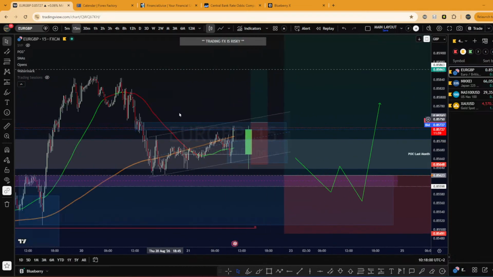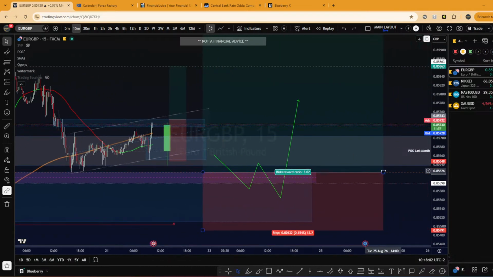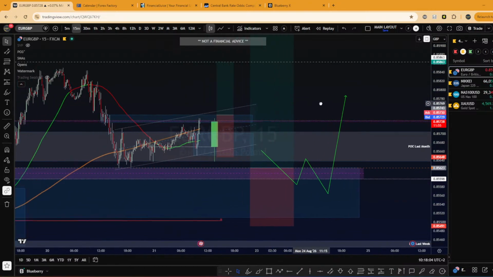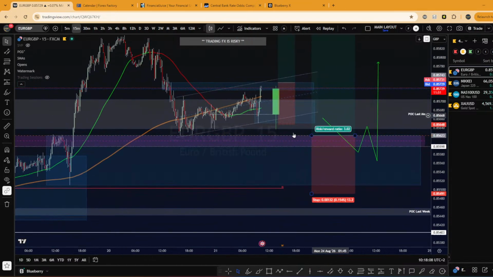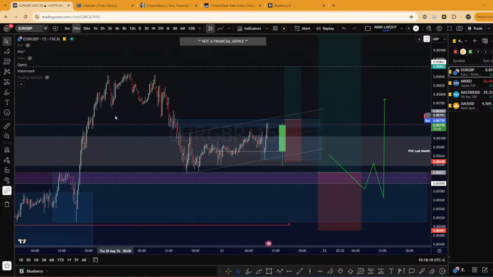But as I said, my main trade, my best trade will be this, because we have a better demand zone here. So see, I will get rid of the SMA.